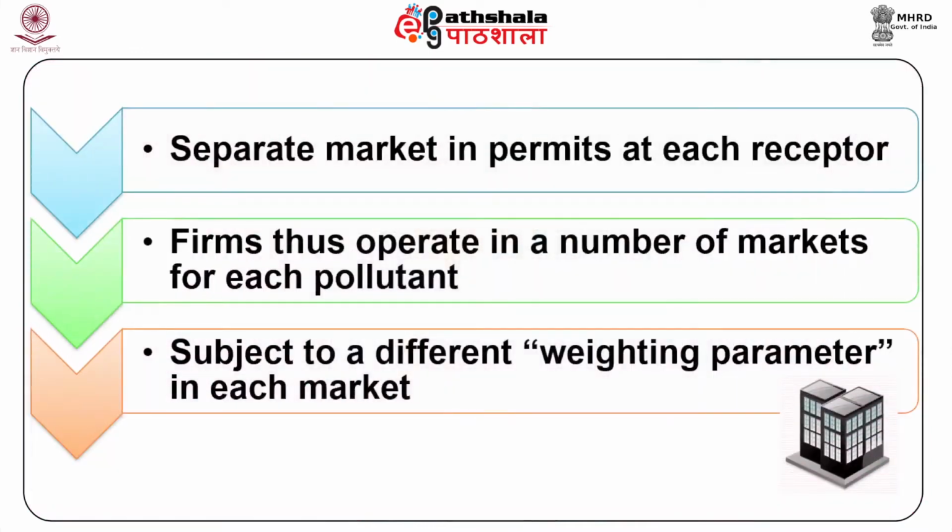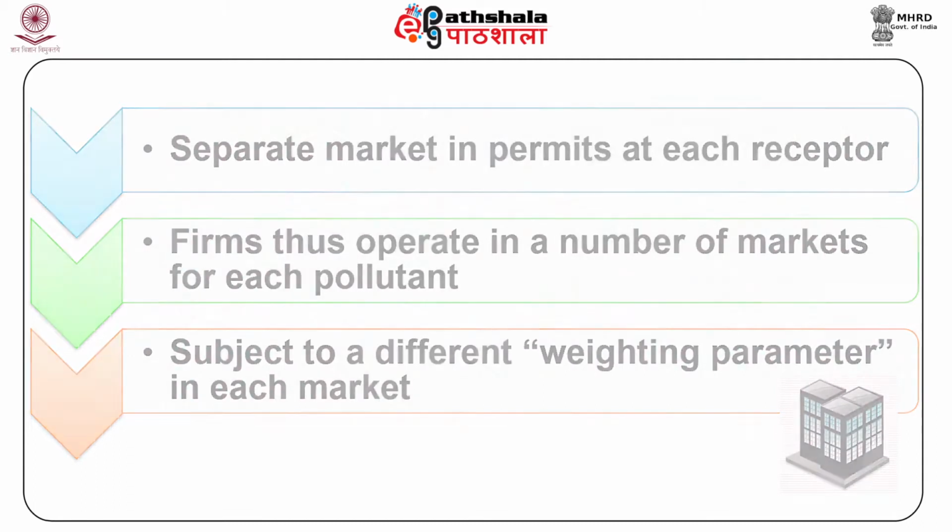There is a separate market in permits at each receptor, and firms must trade in as many markets as their emissions affect the receptors. Firms thus operate in a number of markets for each pollutant and are subject to a different weighting parameter in each market.